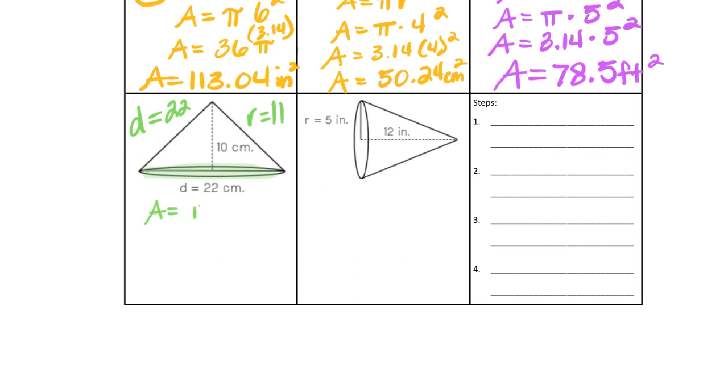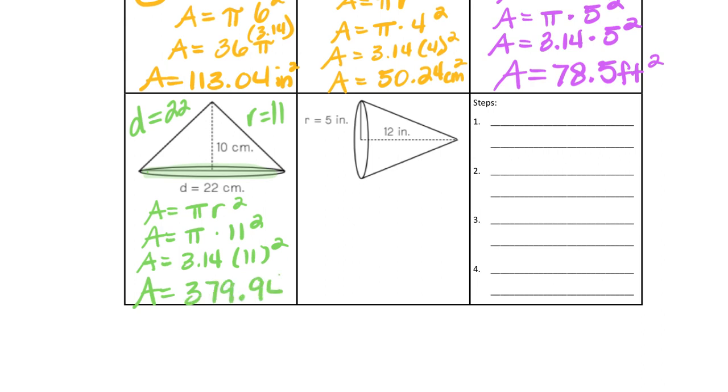Area equals pi times radius squared. Pi times 11 squared. So the area for this particular base is 379.94 centimeters squared.